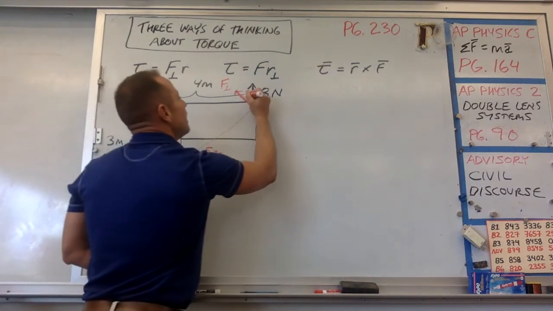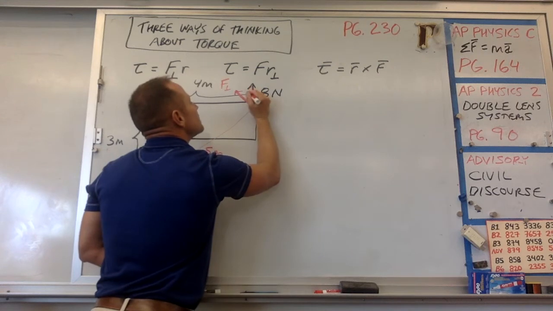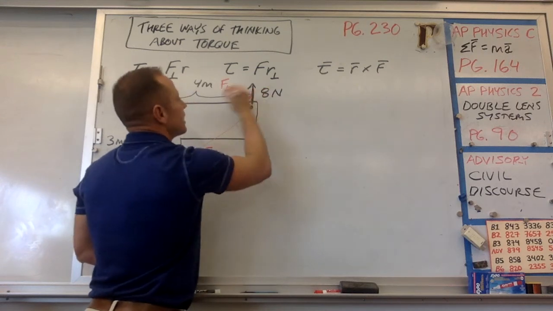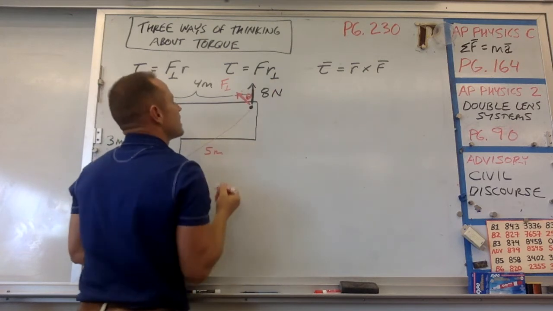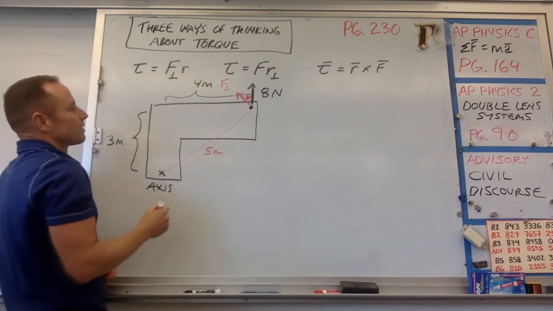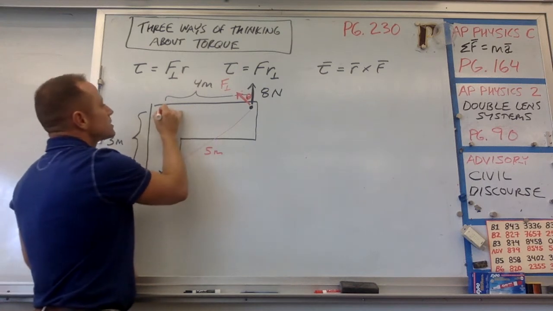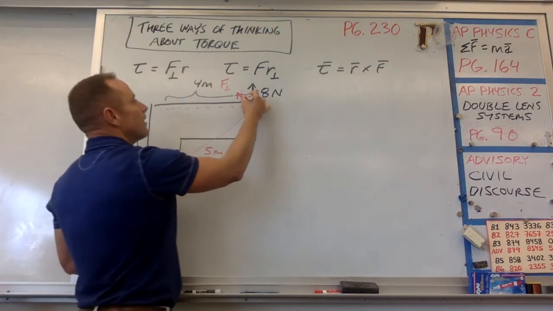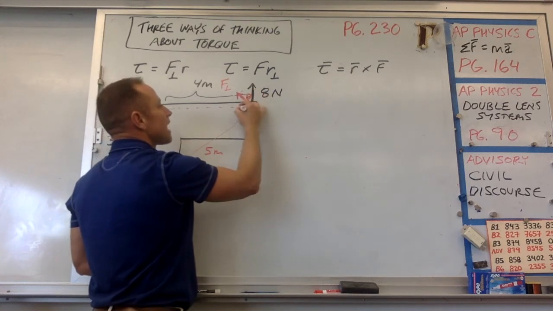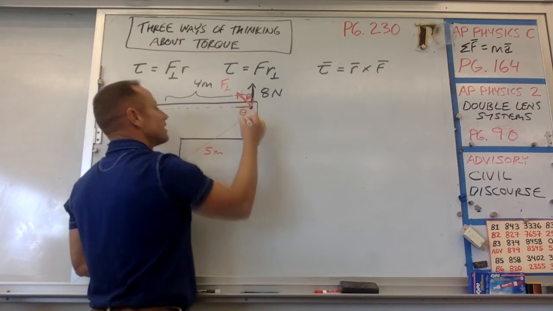Well, if we're going to do that, we need to know what this angle is, so that we can get the component of F that is along that direction. Right? So one way to see what that angle has to be is that this angle and this angle make 90, and so that means that this one between the horizontal and here is also theta.